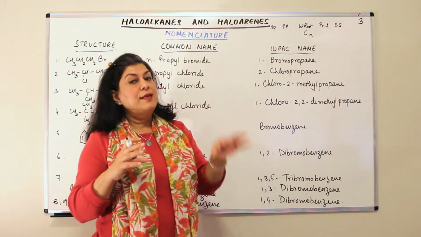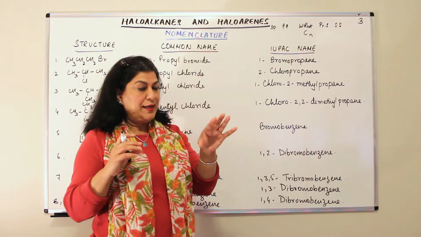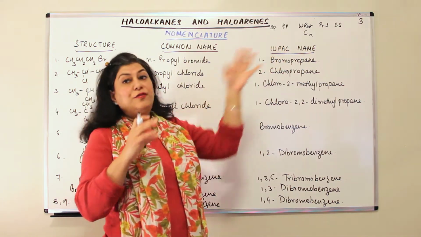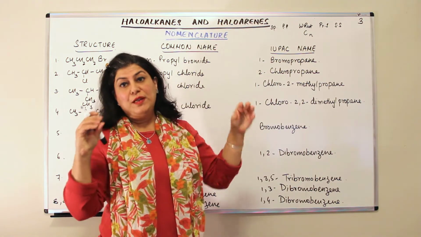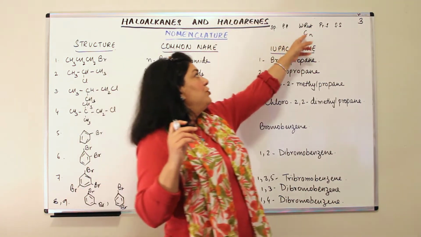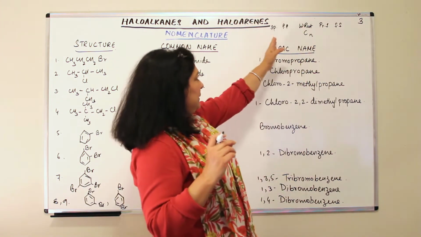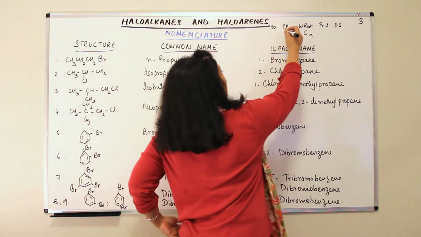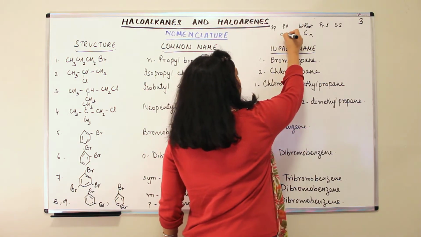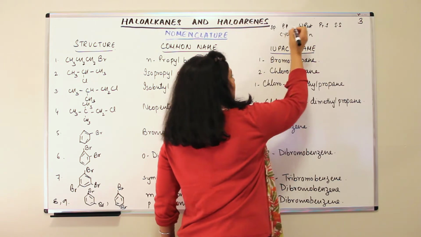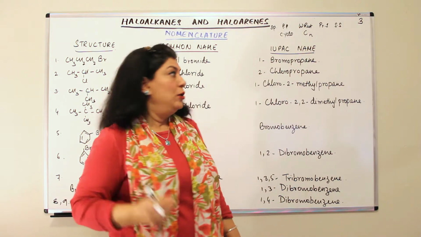So any part that is not present, you do not name that. Obviously the word root would always be there. Then the primary prefix you will write only if the compound is a cyclic compound, and the prefix that you would be using would be cyclo.